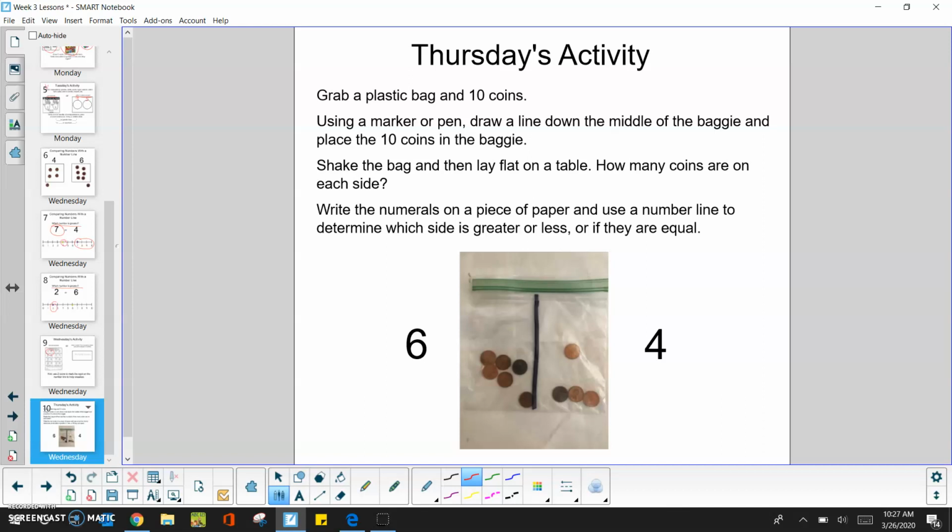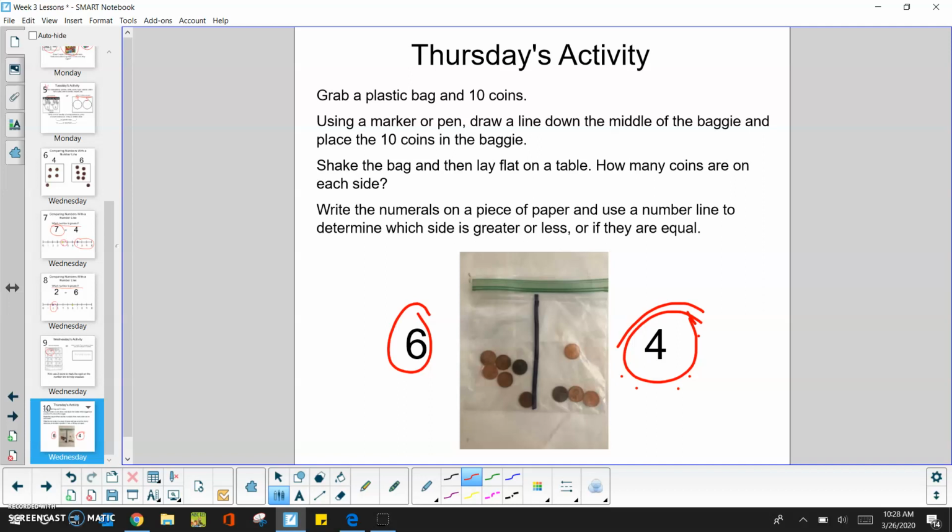Using your piece of paper, you can write the numerals. So you can see I wrote my 6 and my 4, so I can practice looking at those numerals. And I can determine that 6 is greater than 4 and that 4 is less than 6. And sometimes if you're super lucky, you might get it to where those numbers are equal to one another.